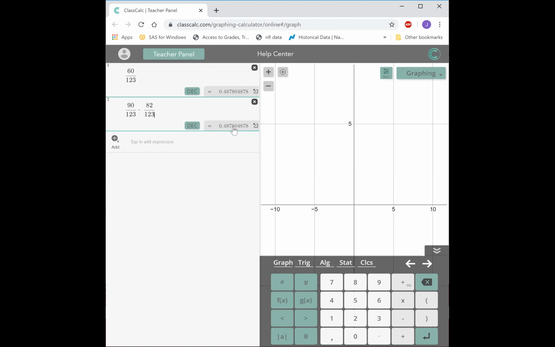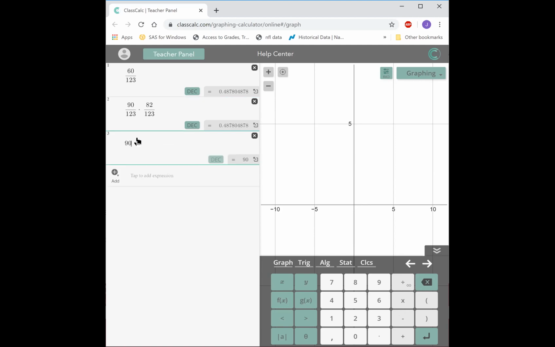Mr., where do you press on to do the times 82 over 123 next to it? Oh, you press this one right here. You're talking about the multiplication? No, I'm trying to get the fraction next to it. Oh, you press this one again. So here, I'll do it again.